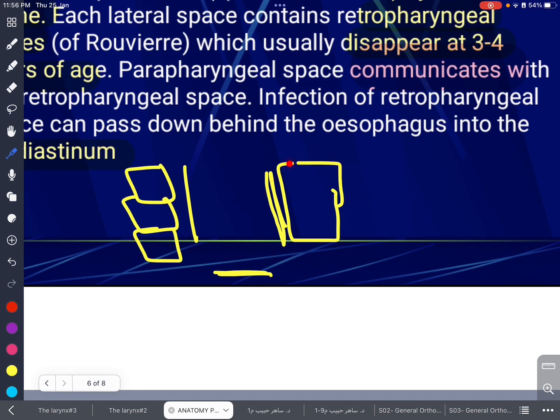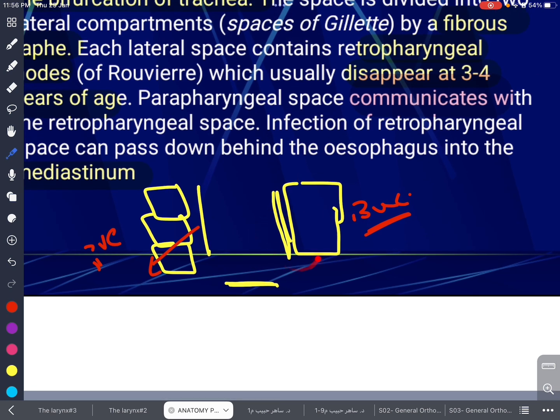This is the pharynx, and the wall of the pharynx, as we mentioned, consists of buccopharyngeal fascia, and the posterior wall is formed by prevertebral fascia. Between these two fasciae, there is a space called the retropharyngeal space because it lies behind the pharynx.